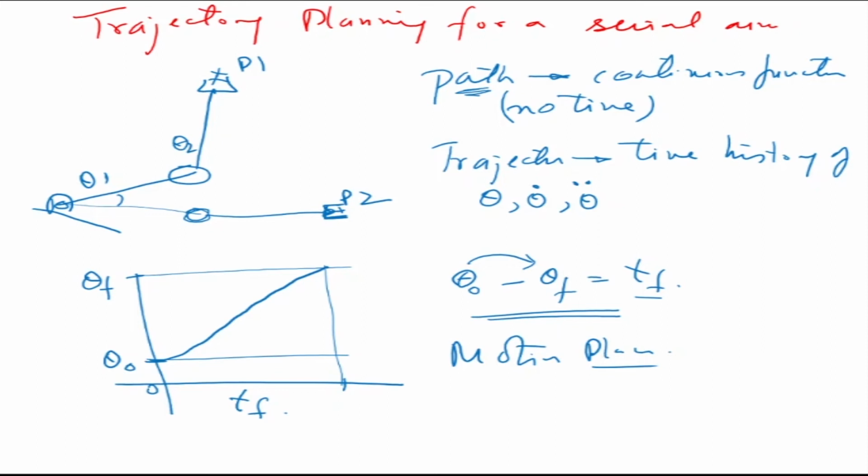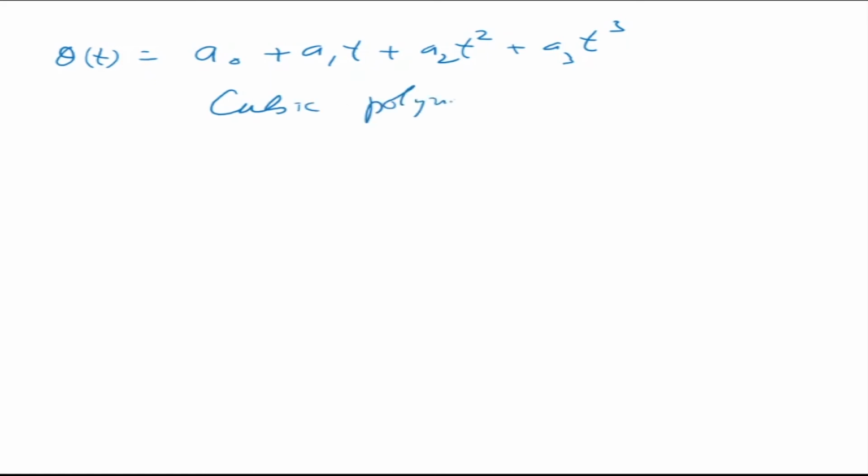This is independent joint control, right? So here we are fitting a trajectory: theta of t is equal to a naught plus a1 t plus a2 t squared plus a3 t cubed. So this is a cubic polynomial. Now I cannot fit an equation of less than order 3. Why? This is position.